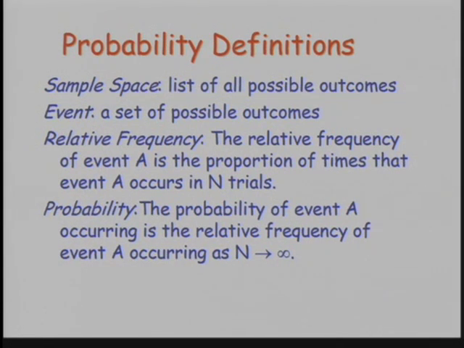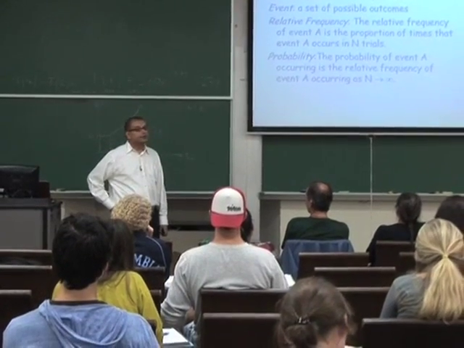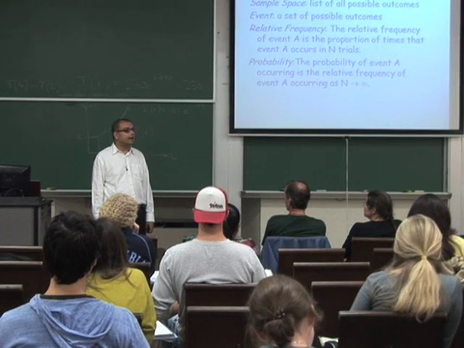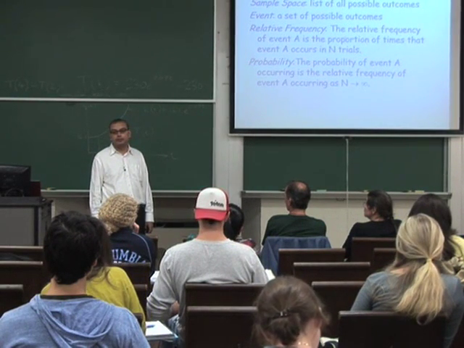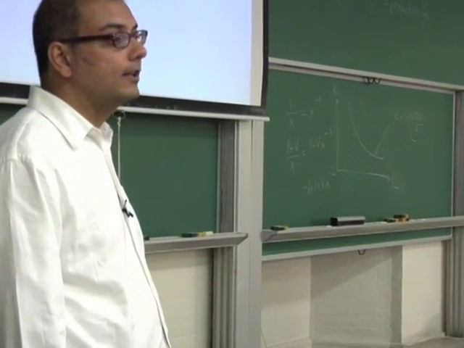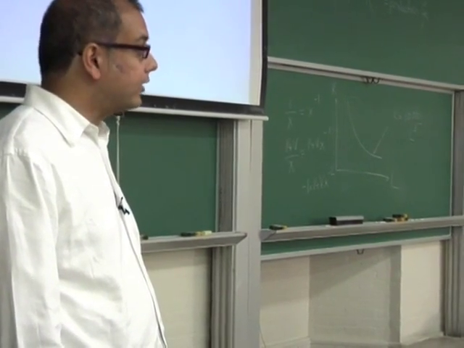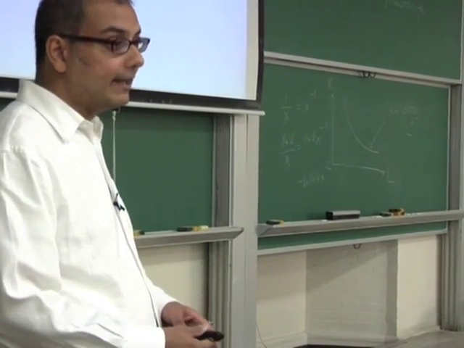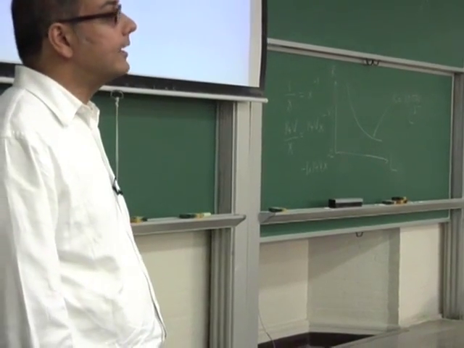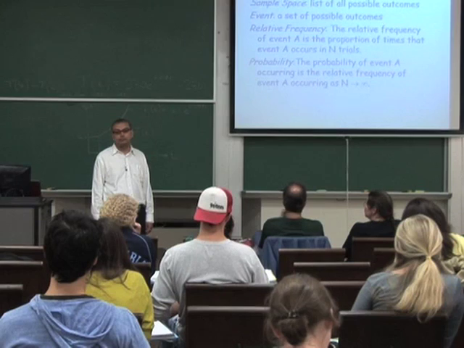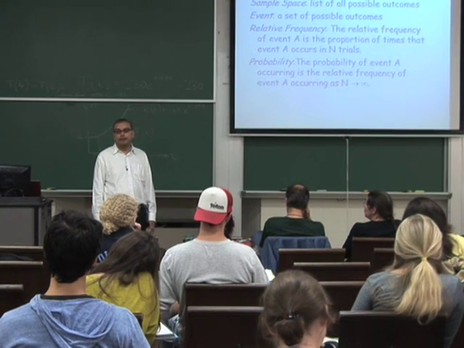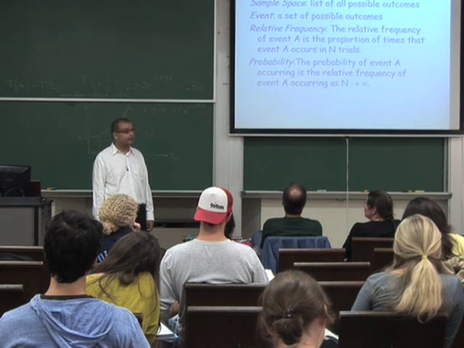Okay, so if I were to throw the die 100 times, and I were to compute the relative frequency, the proportion of times in those 100 trials I got the event A, that would be the relative frequency. Let's say that I got it 30 times out of 100, then the relative frequency is 30 over 100.